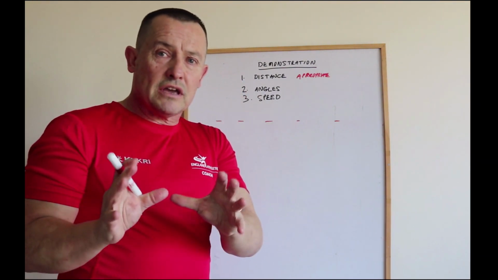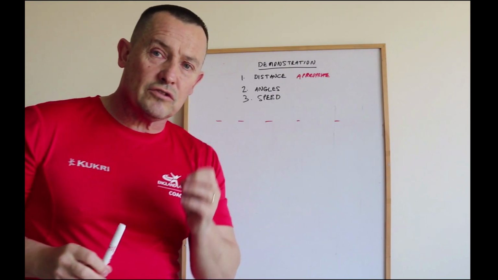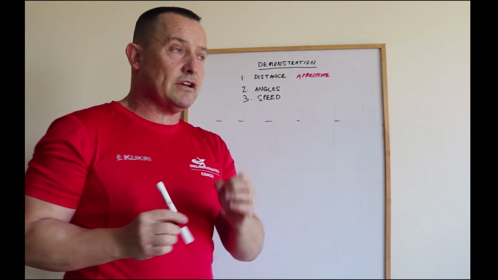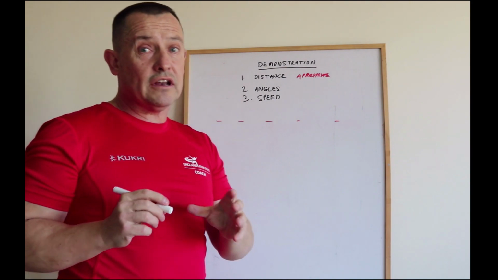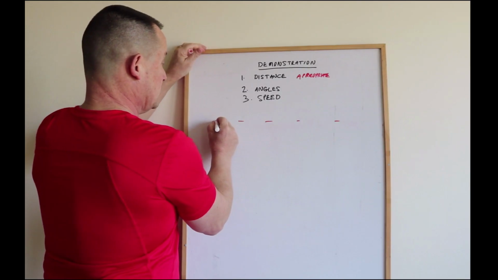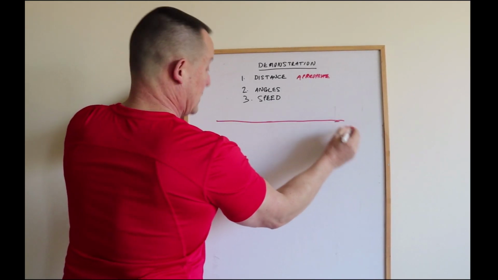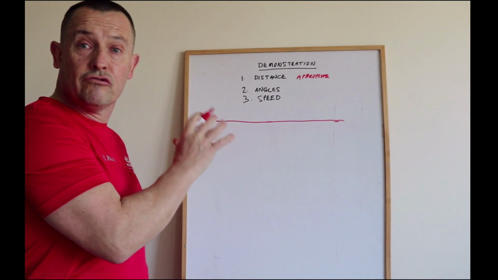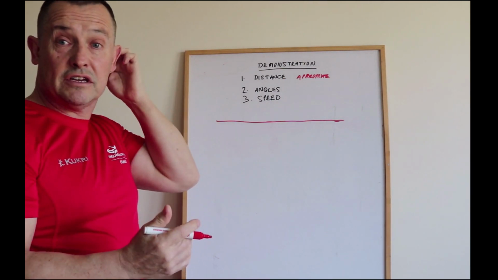The best way that I can explain this, and the coaching literature does disagree on this slightly. Whatever the coaching literature does say, I have a method which is going to help you no matter what you're doing. But let's say, for example, we use this as our back line of the room or the area in which we're teaching.